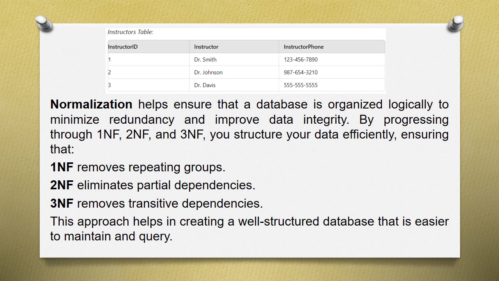The data is now in the third normal form because we eliminated the transitive dependency. I hope this is clear. So let's recall: the first normal form removes the repeating groups, the second normal form eliminates the partial dependency, and the third normal form removes transitive dependencies, right? I hope it is clear.